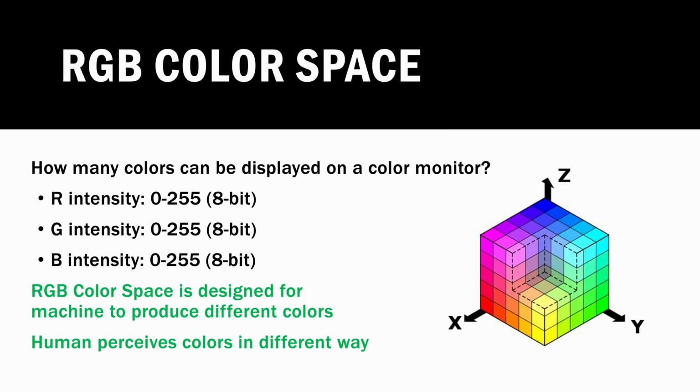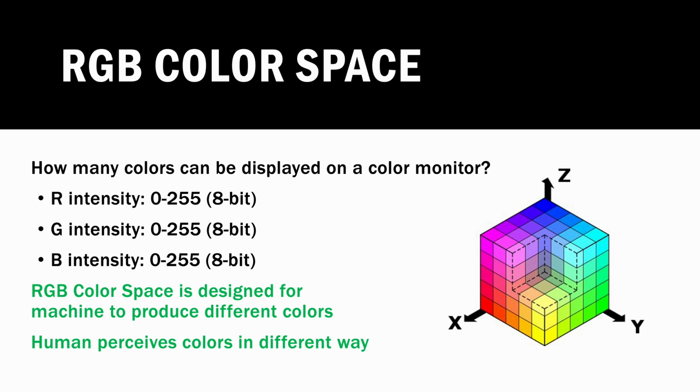The RGB color space is designed for machines, such as monitors, to generate different colors. In this model, each color is created by mixing three primary components: red, green, and blue. Each of these components can take on 256 possible values, ranging from 0 to 255.